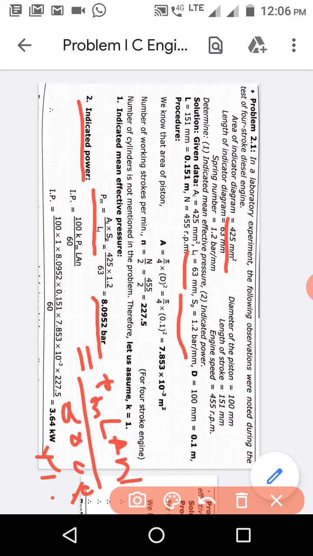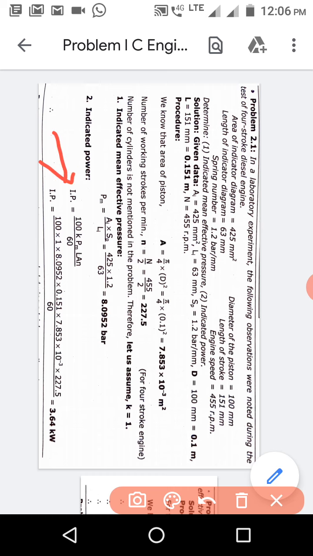But if you are using the mean effective pressure in bar, then we use a different formula, because this formula converts into that one when the mean effective pressure is in bar. So the indicated power will be given by this formula if Pm is given in bar, and then you have to use this formula.